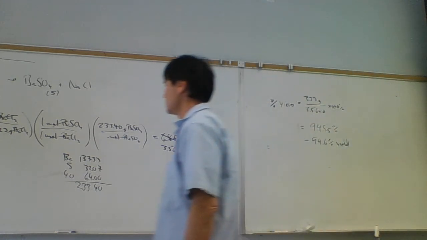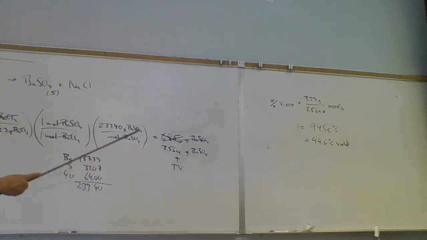I carried extra digits there. They might also have rounded the molar masses. 208.2, I used 208.23. And so their answer is slightly different than mine due to round off error.